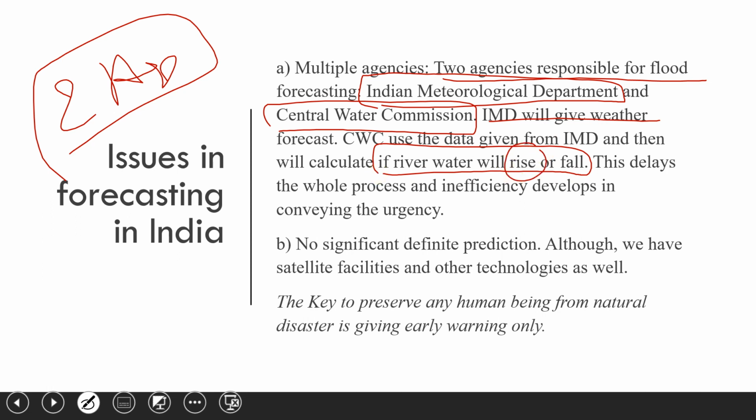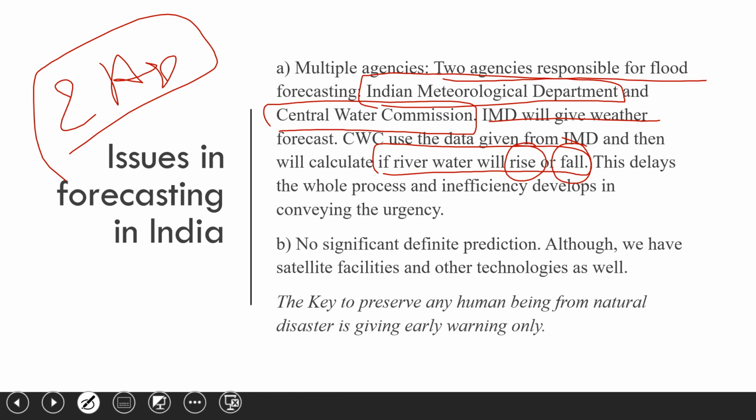See, only two parameters: whether the river level will rise or fall. As I've explained, this doesn't have that much impact. If you're telling that the river level is rising or falling, you have to give some more explanatory parameters for calculating a flood situation.